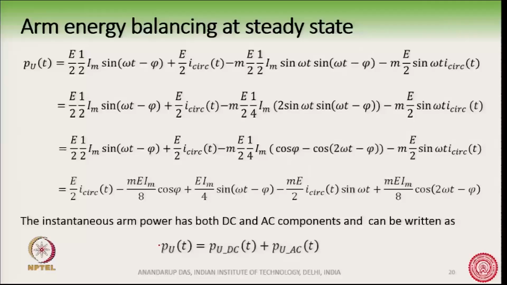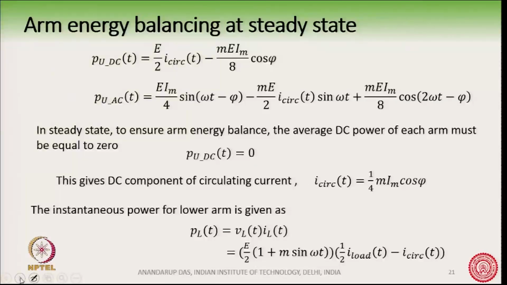That is what we have said in P u(t). This P u(t) has a DC component as well as an AC component, which are present in this big expression here. Now, let us collect the DC terms.